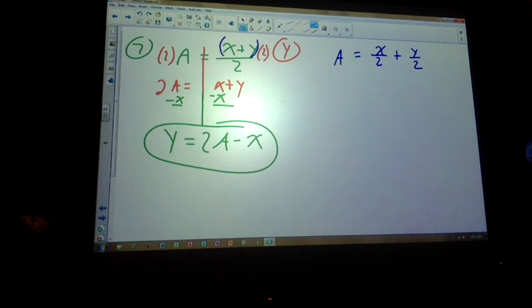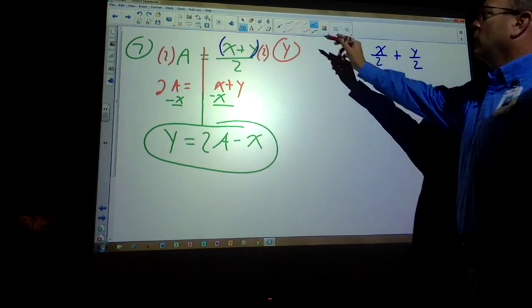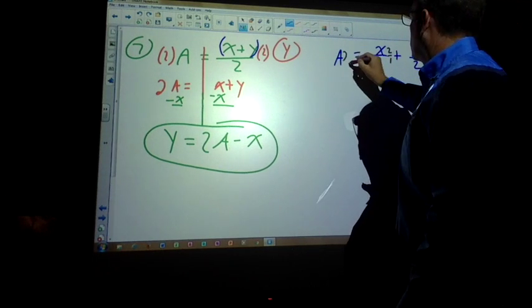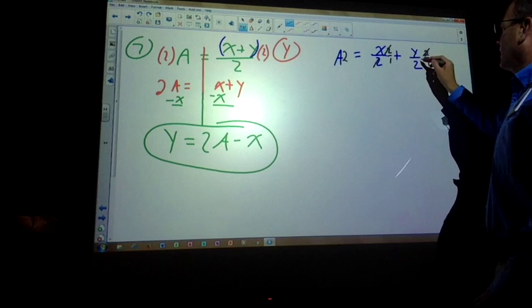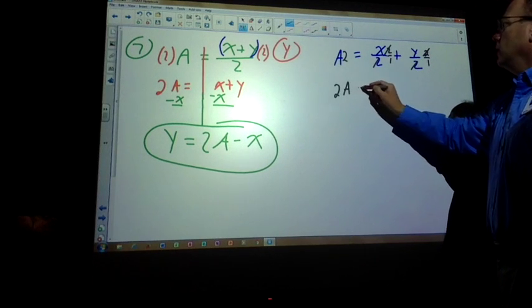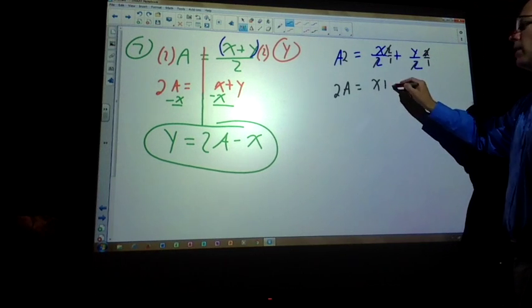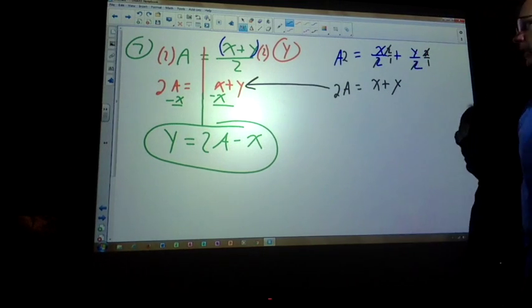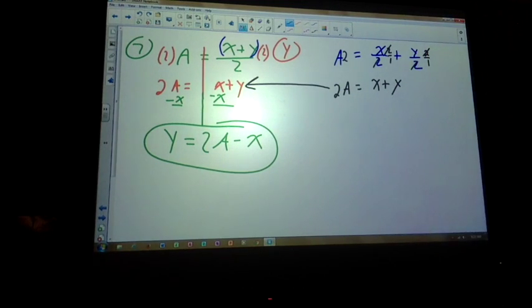We could have separated the fraction, and then multiplied everything by 2 over 1. That cancels that, and that gives me 2a equals x plus y, which is the same as that, which then you just subtract the x. Is that all right?